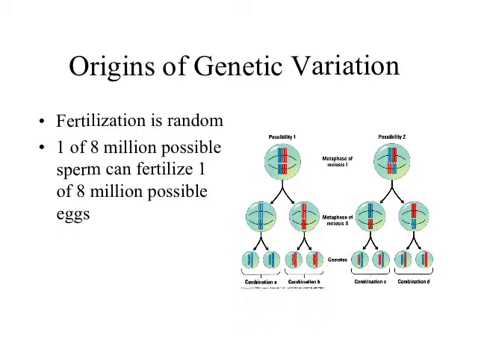Then we have the fact that fertilization is completely random. 1 out of 8 million sperm that are ejaculated can fertilize 1 out of 8 million cells that are possibly released from the ovaries. So again, it's random chance as to which cell meets which sperm.